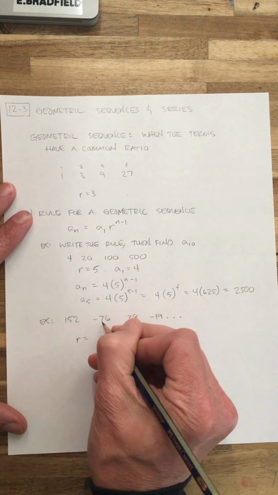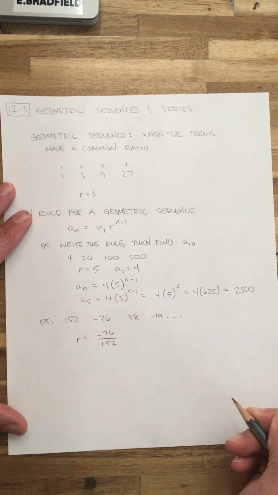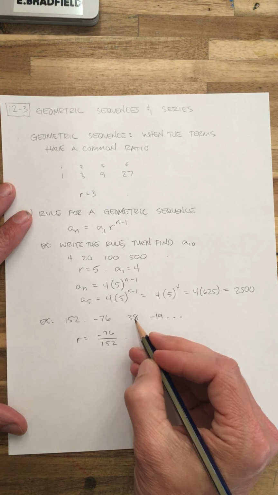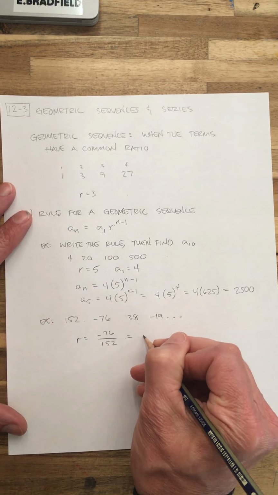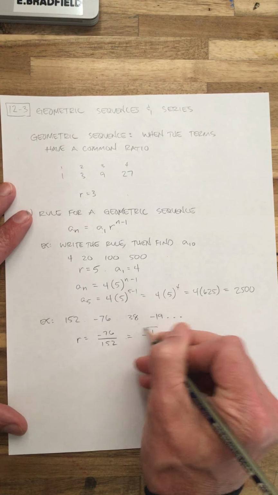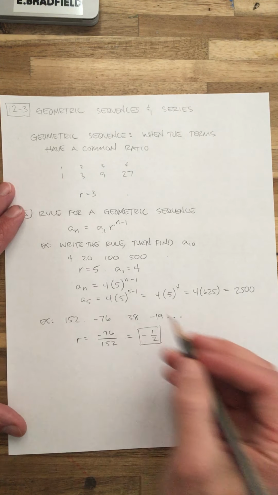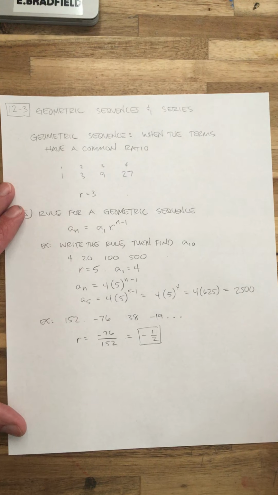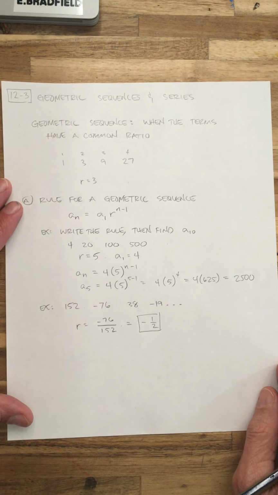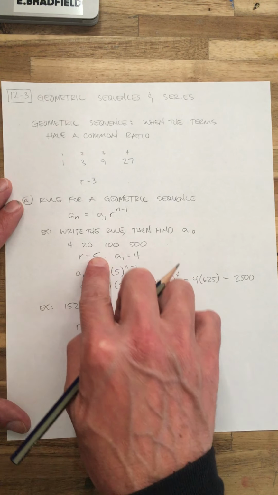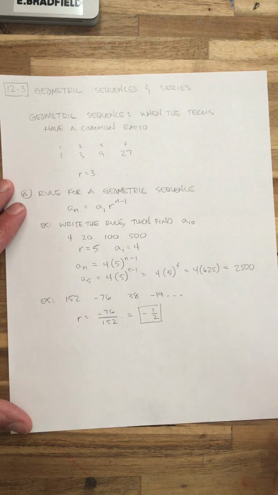R equals negative 76 divided by 152. Or you can do it the other way around and get the same thing. This should equal negative 1/2. So there's my R, and then you have a sub 1, and you can plug it in the same way. Just to show you a couple of different examples: sometimes your common ratio will be 5, sometimes it will be a fraction.